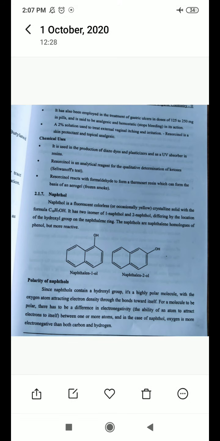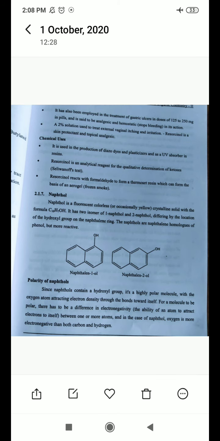Naphthol is a fluorescent, colorless or occasionally yellow crystalline solid with the formula C10H7OH. It has two isomers, 1-naphthol and 2-naphthol, differing by the location of the hydroxyl group on the naphthalene ring. The naphthols are naphthalene homologues of phenol but more active. Just look at the structure. Naphthalene-1-ol: why 1-ol?